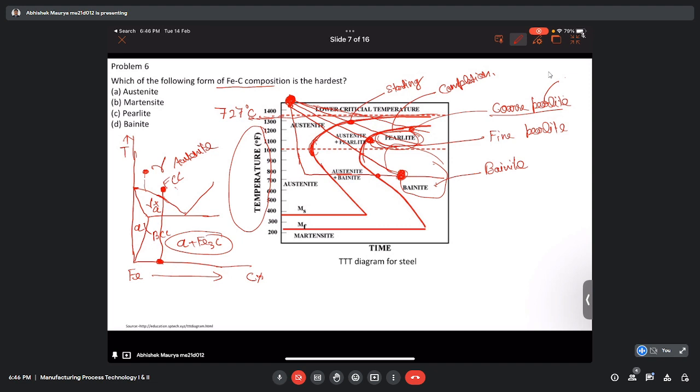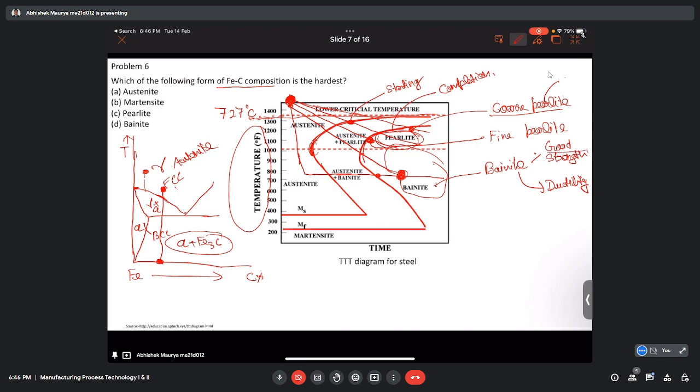Bainite has much improved properties. It has very good strength, I should say, but its ductility is not very poor. It has ductility which is a little lesser than the fine pearlite.